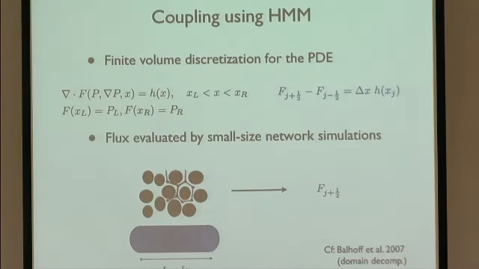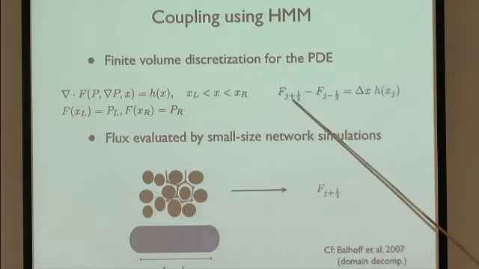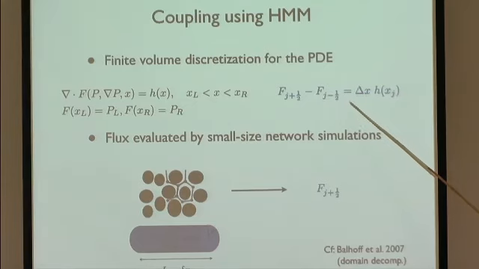So let's make it more precise. In the 1D setting, this thing over here is nothing but f_{j+1/2} minus f_{j-1/2}, and this is the right-hand side if you have a source or a sink.